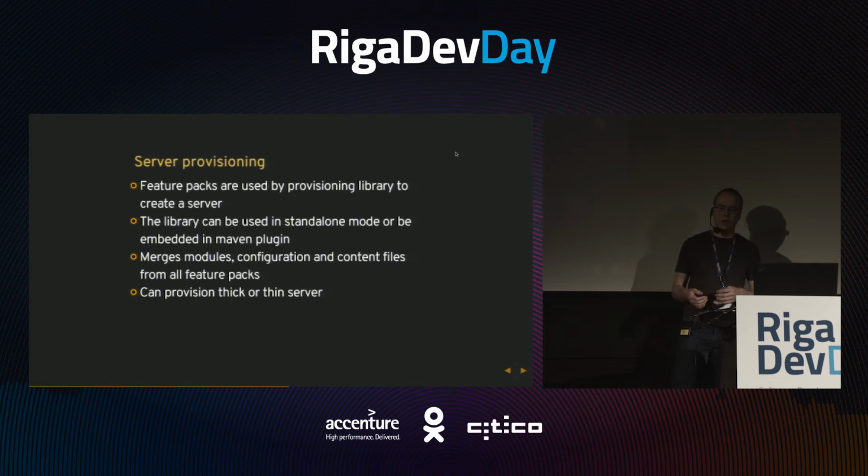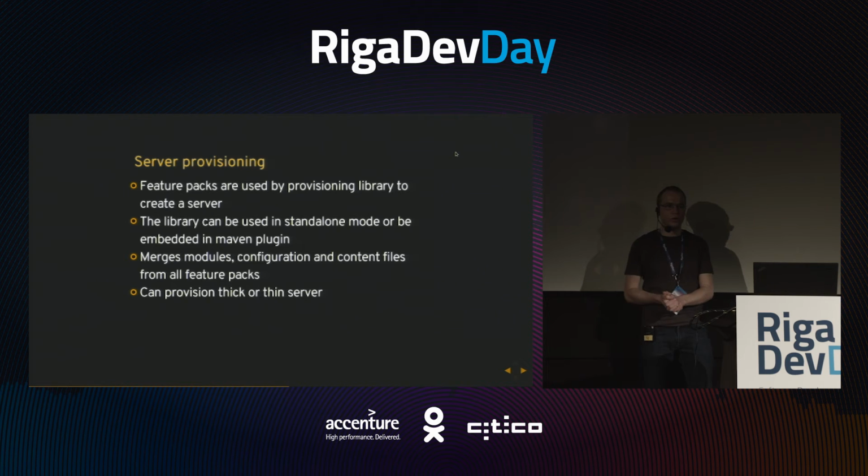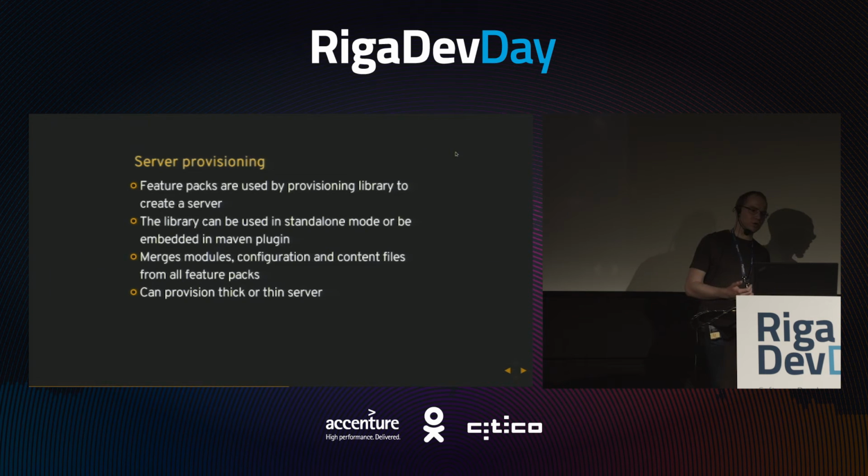And we can assemble them into a server which will be only a little bigger than the web distribution, but it will enable you to deploy your application on it.